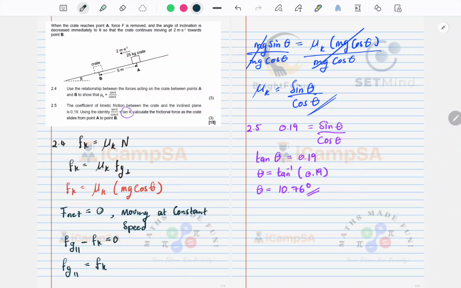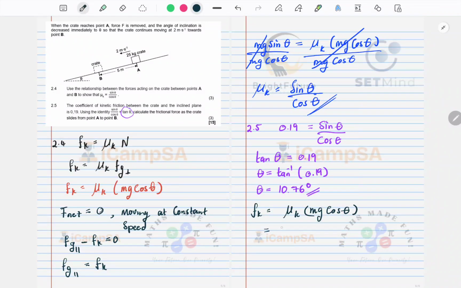So that means we can go back and say Fk is equal to mu k. Mu k they've given us is now 0.19. Let me write it first. We're going to have mu k, then mg cos theta, like so.